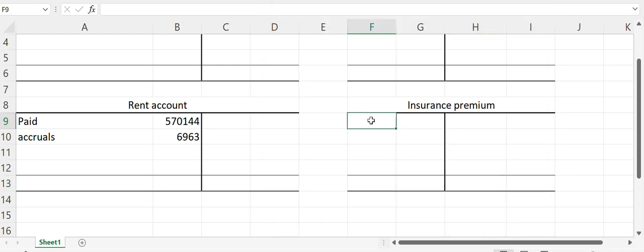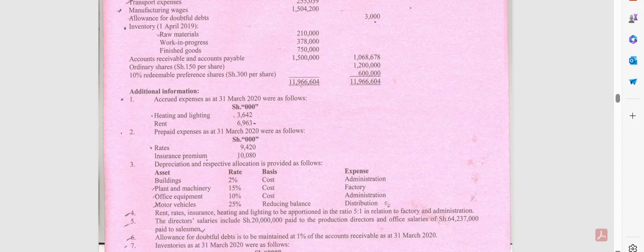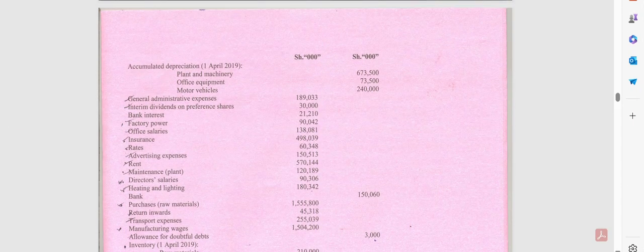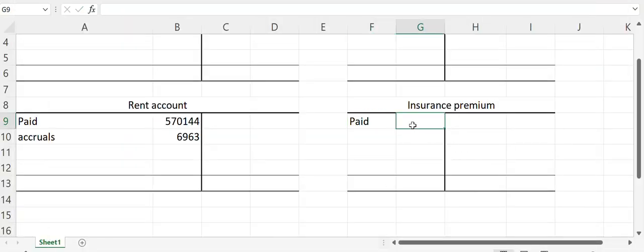So for insurance premium, we have the paid amount because it's an expense. So go back to this, we check for insurance. The insurance figure is 498,039.